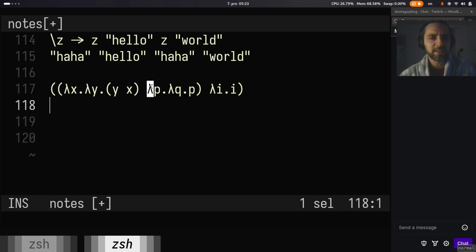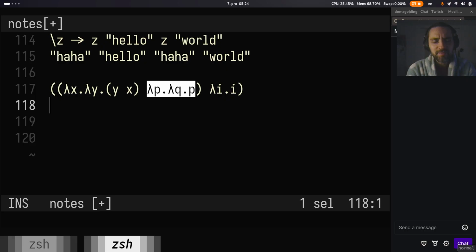Maybe we could apply this thing here inside of this definition, and then do the identity later. So lambda p lambda q dot p. Yeah, I'm not sure.